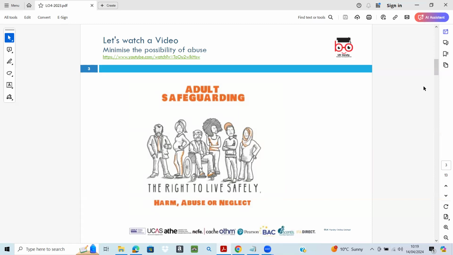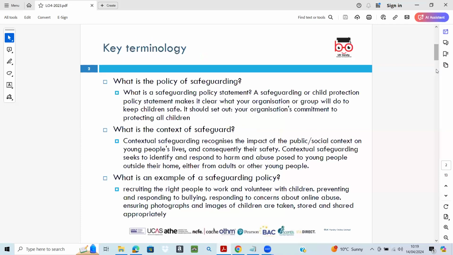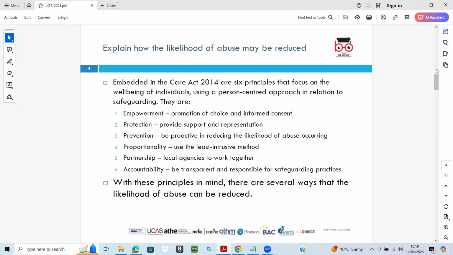So what we have next. In the next slide, we have explained how the likelihood of abuse may be reduced. They are talking about the six principles embedded in the Care Act 2014 that focus on the well-being of the individual.